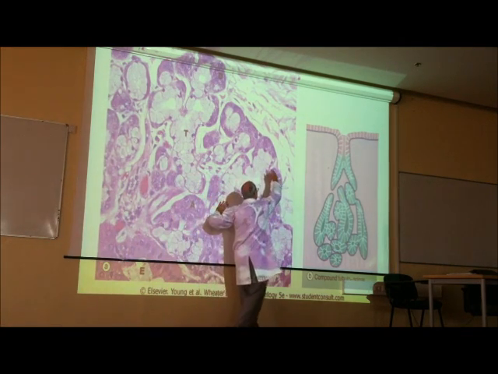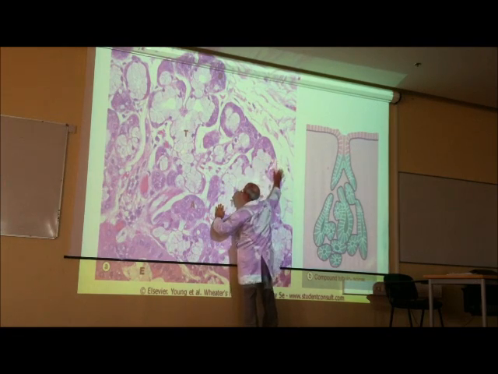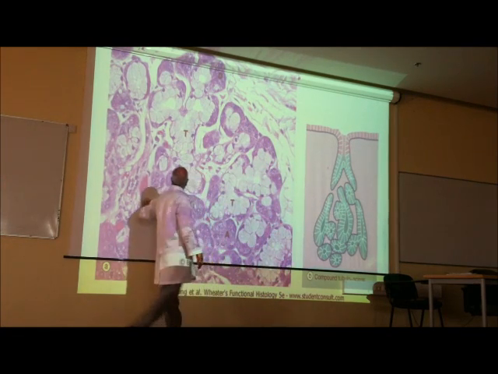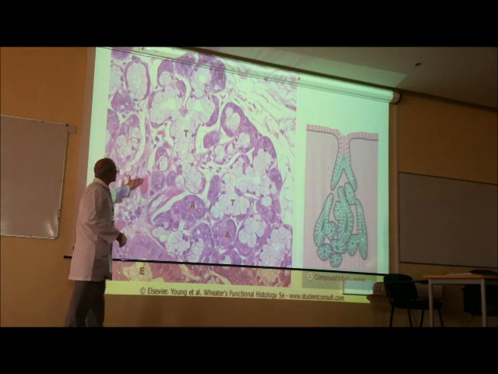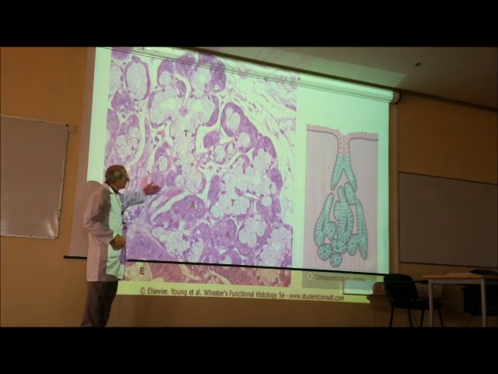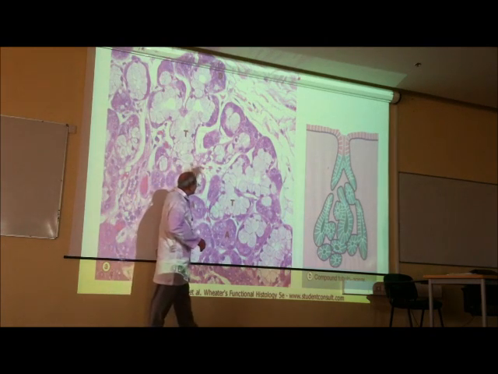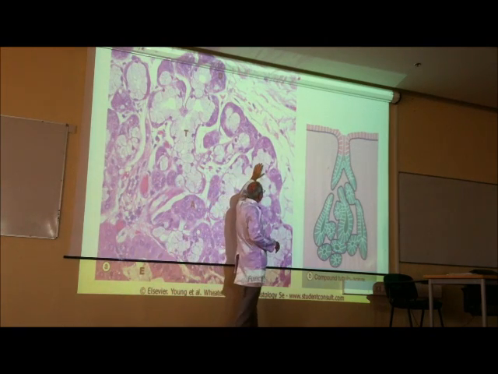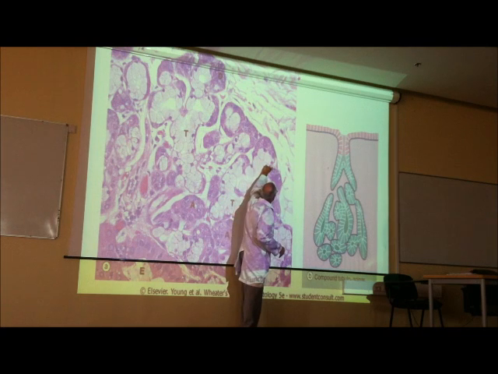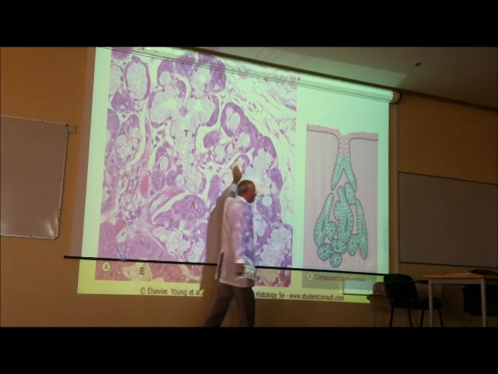Where is the ganglion? The crescent shape. Okay, so these are serous. This is serous acini. And the rest are mucus or mixed. This is a typical mixed one with a serous crescent.